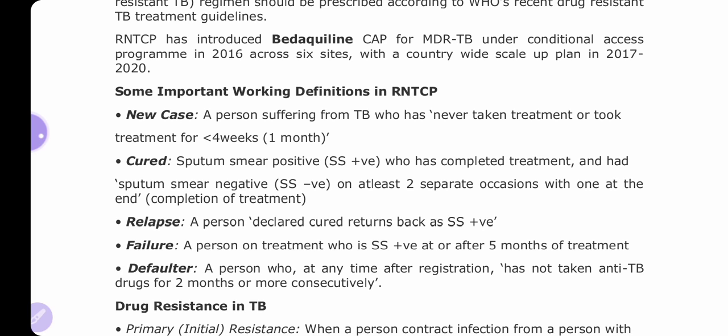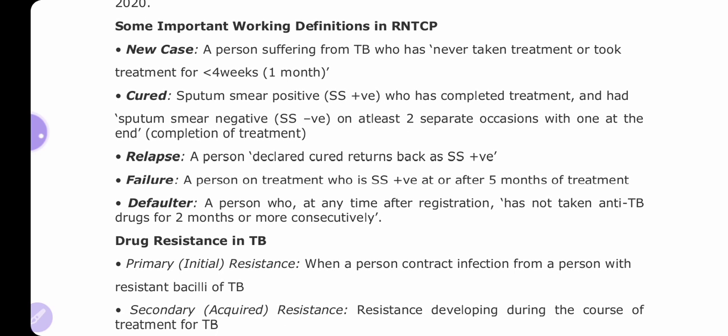A relapsed case will be called to a person declared cured who returns with sputum smear positive. Failure case is called to a person on treatment who is sputum smear positive at or after 5 months of treatment. So after taking 5 months of treatment, if the patient is still positive, then he will be called a failure.